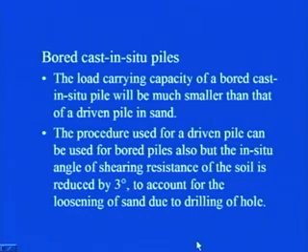The procedure used for a driven pile can be used for bored piles also, but the in situ angle of shearing resistance of the soil is reduced by 3 degrees to account for loosening of sand due to drilling of the hole. In case of driven piles, we modified the in situ friction angle as phi 1 plus 40 degrees by 2.